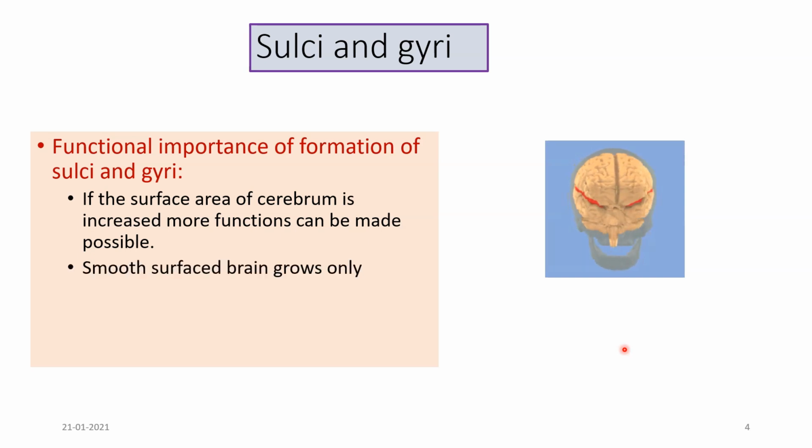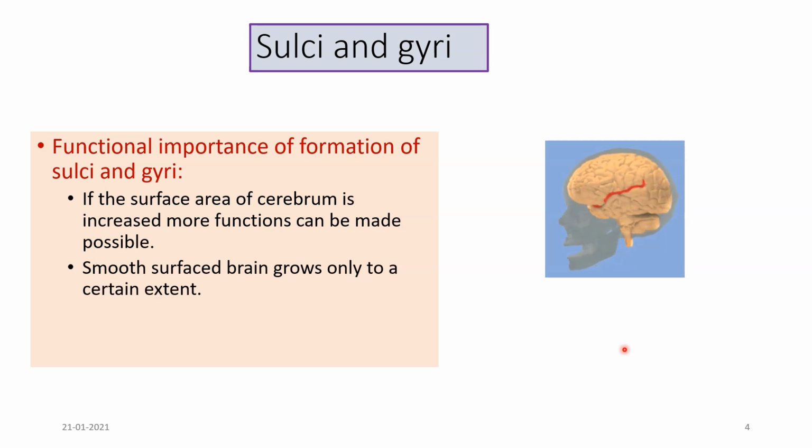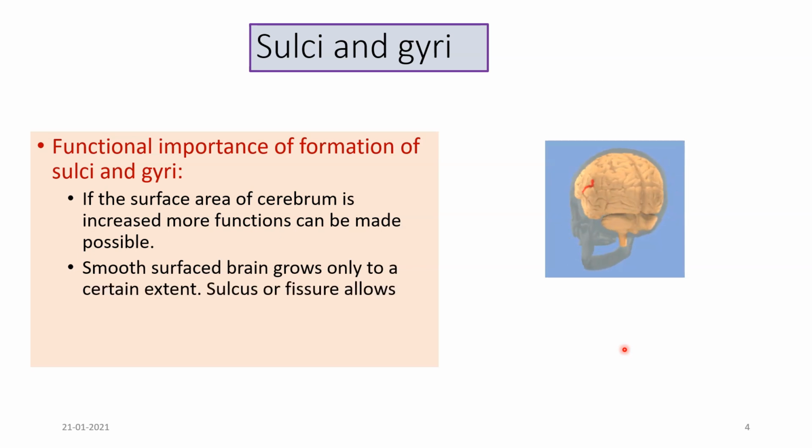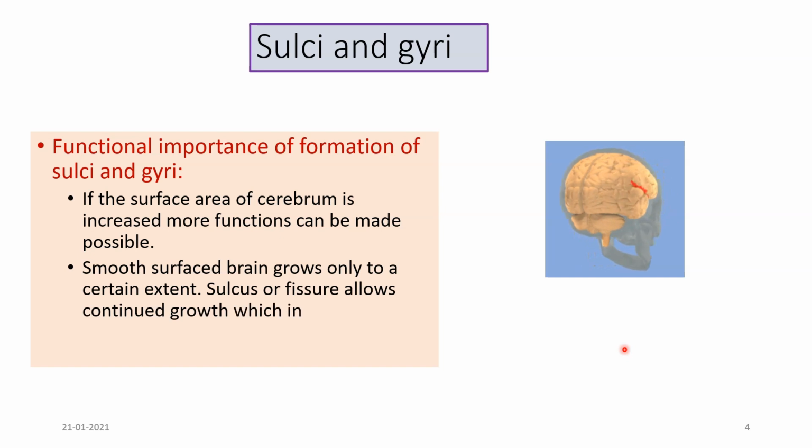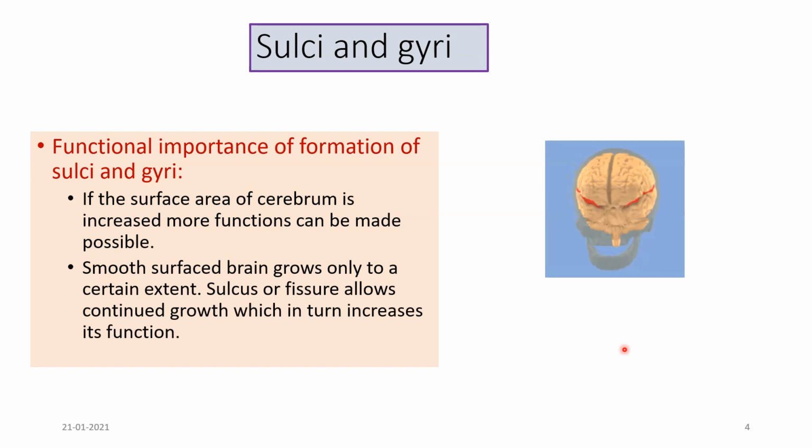And if the surface of the brain is smooth, it will grow only to a certain extent. If the sulcus or fissure are there, it allows continued growth, which in turn will increase the function.